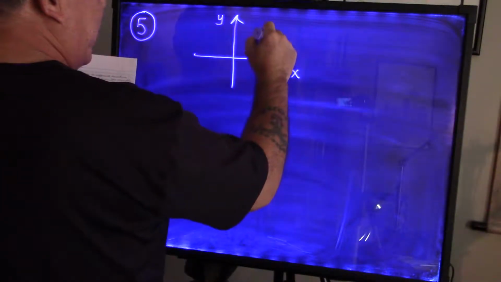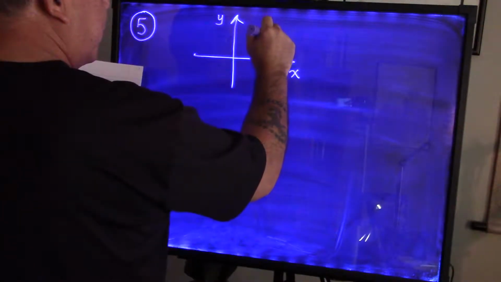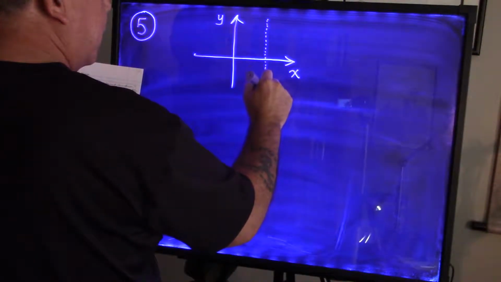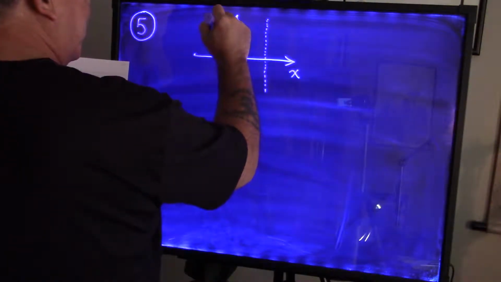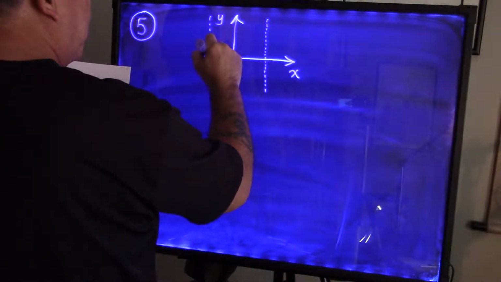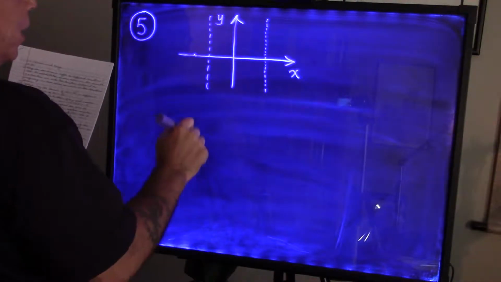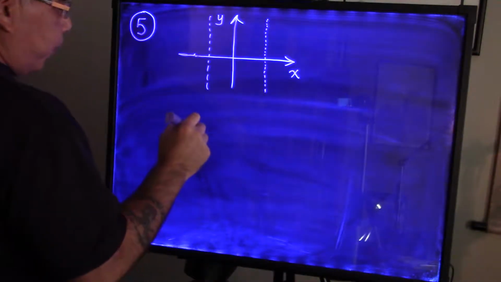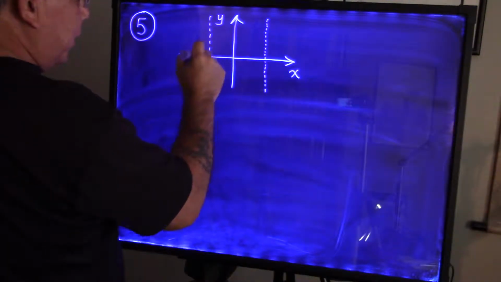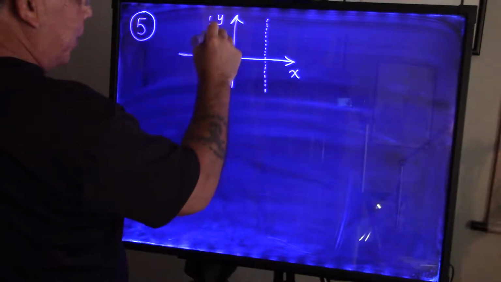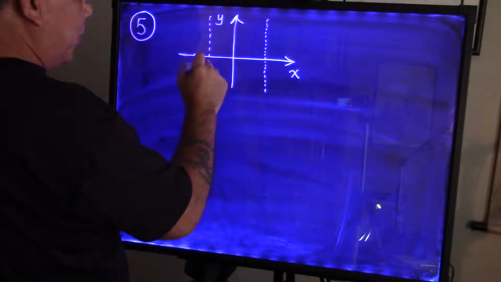But if you have domains separating the XY plane like this, let's say you've got three different domains here, you can, let's say you have a line in this domain and maybe some kind of curve in this domain.